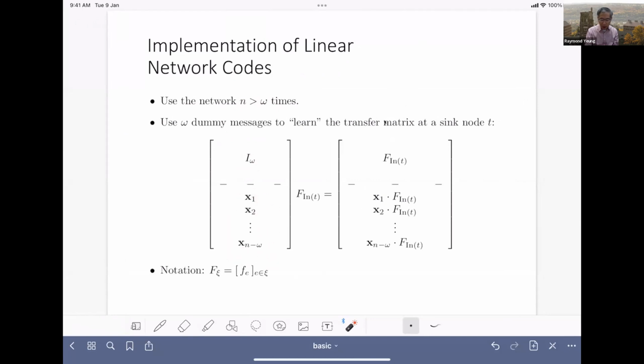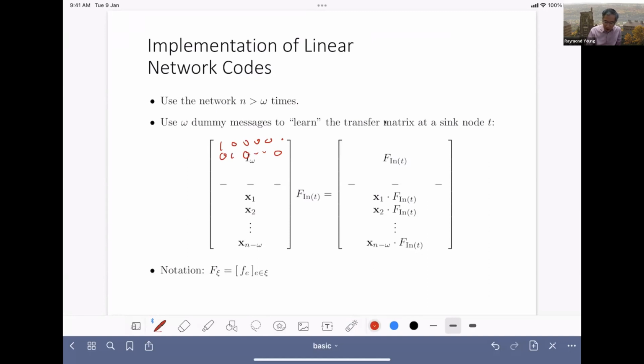Up here, these are the dummy messages. In fact, when they are put together, they form an identity matrix. So the first dummy message we send is 1 0 0 and so on, and then 0 1 0 0 like this.